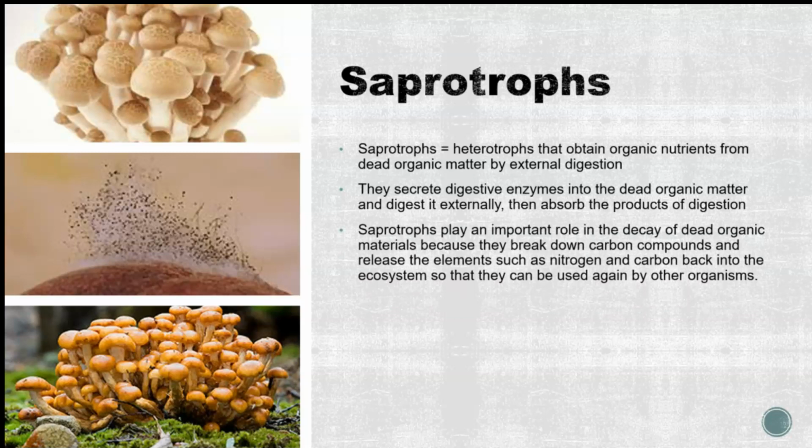They play an important role in the decay of dead organic material because they break down carbon compounds and release the elements such as nitrogen and carbon back into the ecosystem so they can then be used again. If we didn't have our saprotrophs and our detritivores, we would have a lot of dead things around us. Now, saprotrophs are called decomposers. Got some examples, fungi and some bacteria.